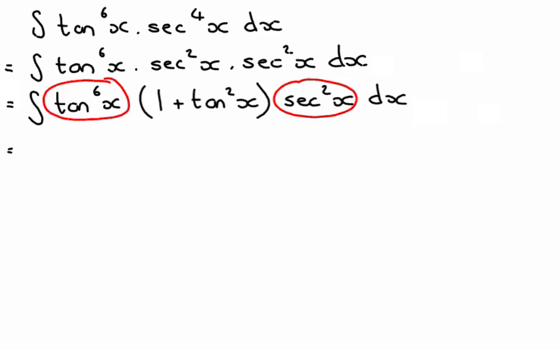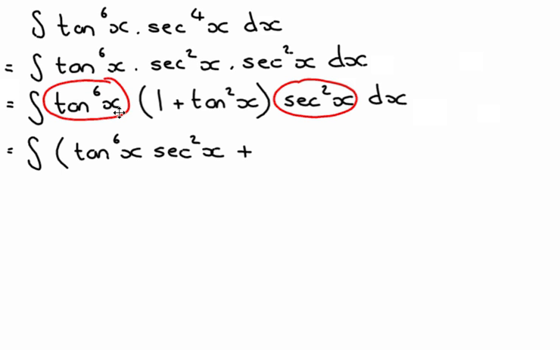So it's the same as the integral of tan to the power of 6x multiplied by 1, so I get tan to the power of 6x sec squared x, plus, now I multiply by the second term.